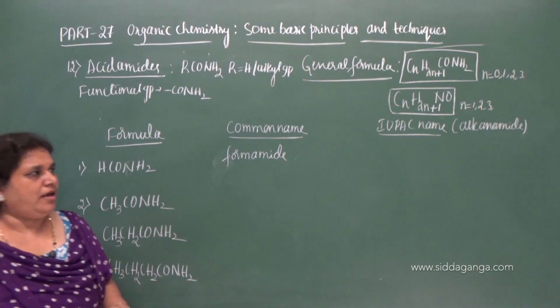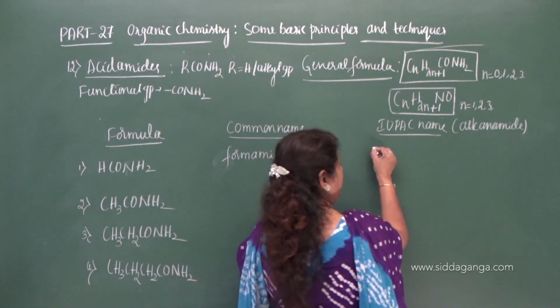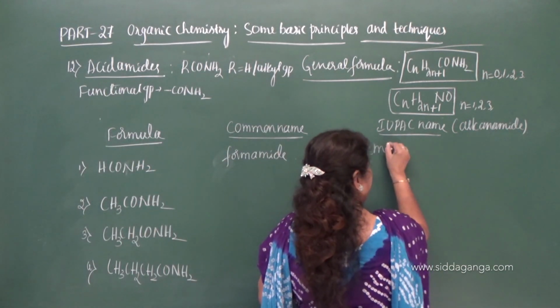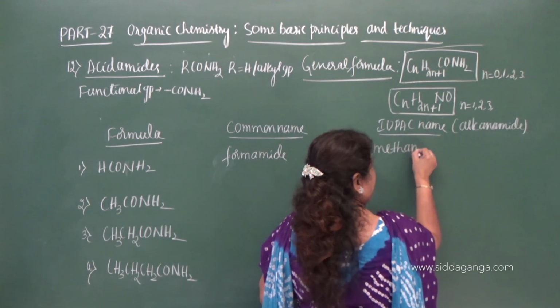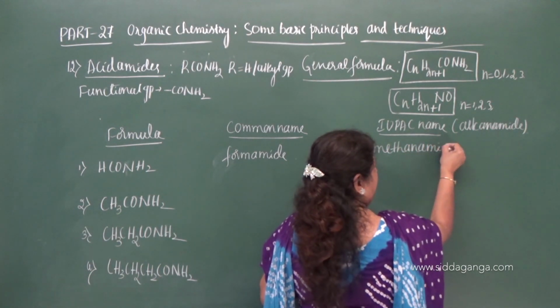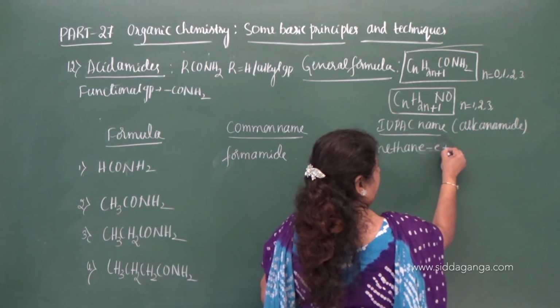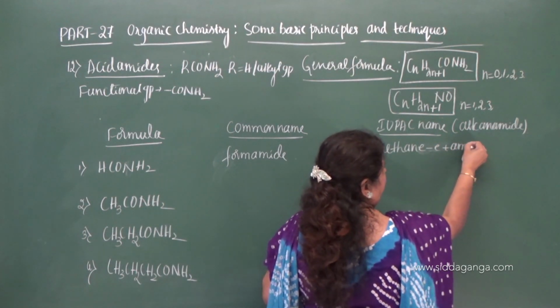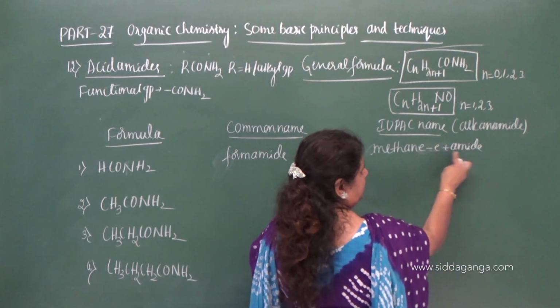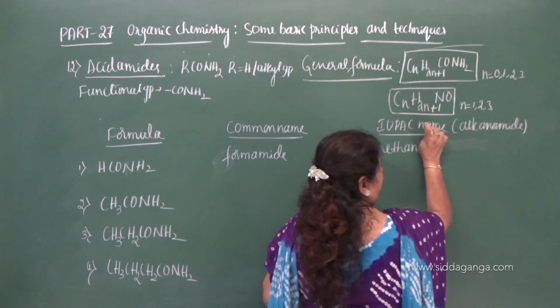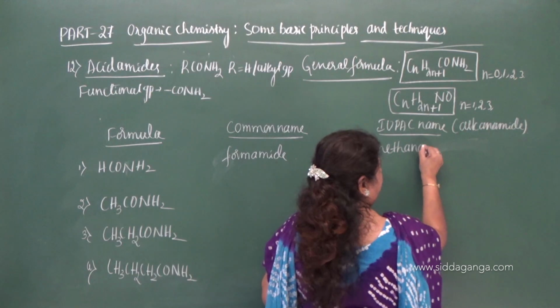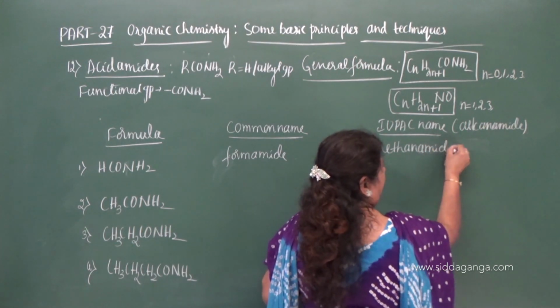Remove terminal E and add the word amide, then it becomes methanamide. Methane, remove terminal E and add the word amide, then what you get? Methanamide. Okay, this is the IUPAC name.